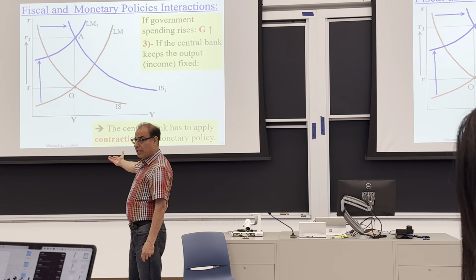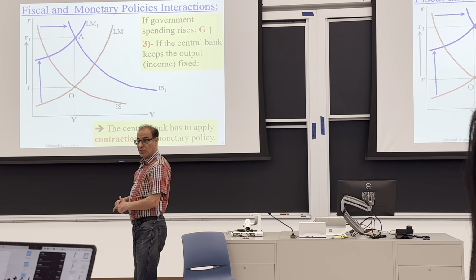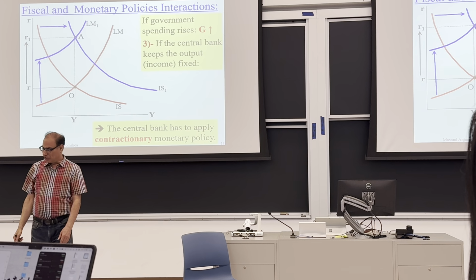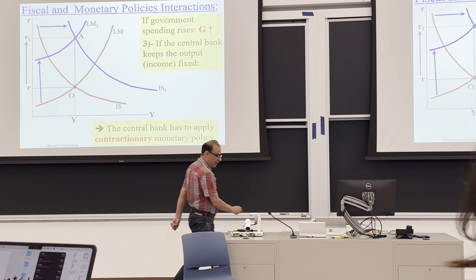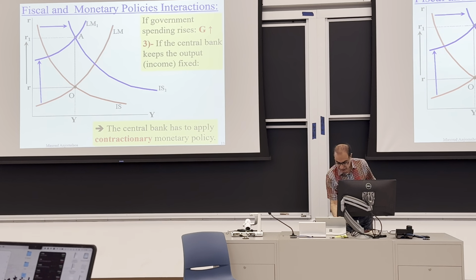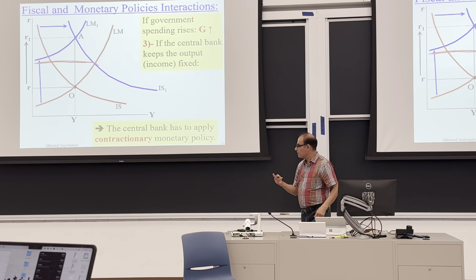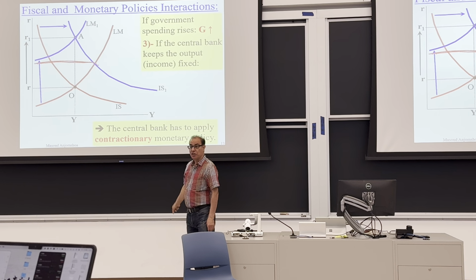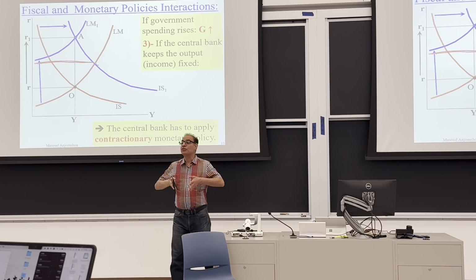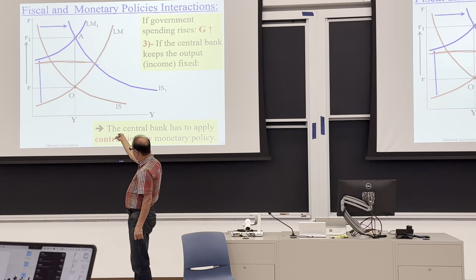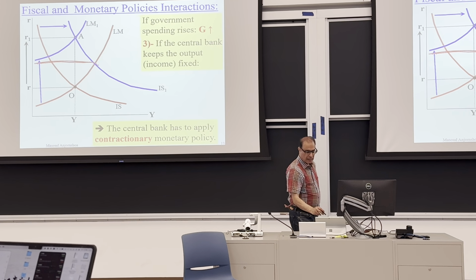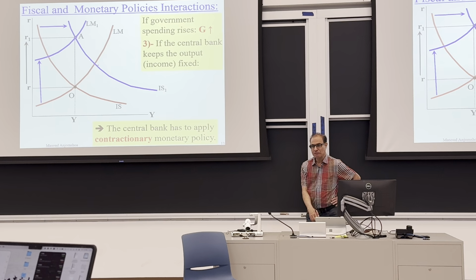Of course, it comes at a cost. What is the cost? The interest rate would be too high. Can you see here? Because two policies, expansionary fiscal policy and contractionary monetary policy, both of them tend to increase the interest rate. Therefore, the interest rate goes too high.